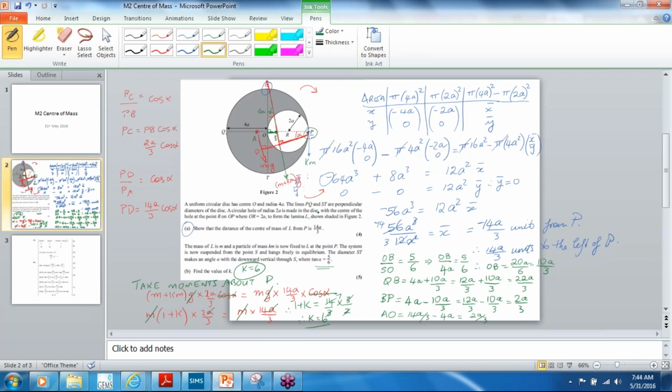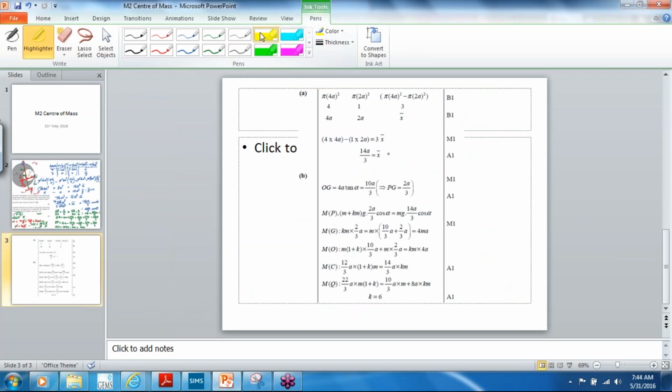All right, so we've looked at a centre of mass question where they've given us a circle with a circle missing. Let's have a look at the answers here. We showed a similar area and location.